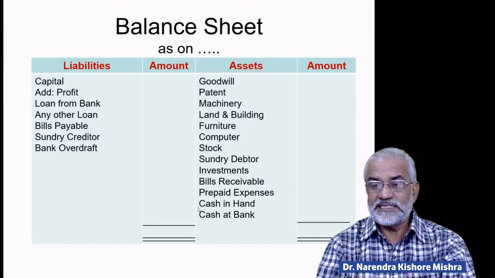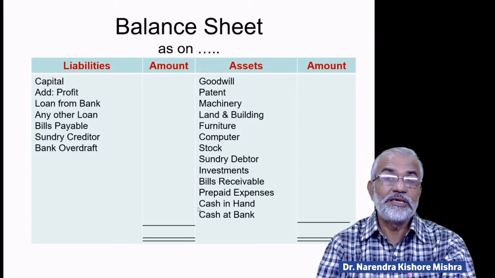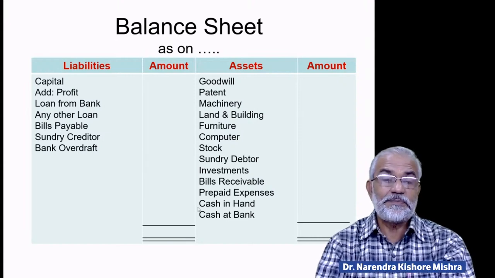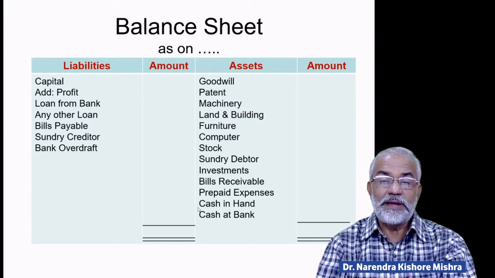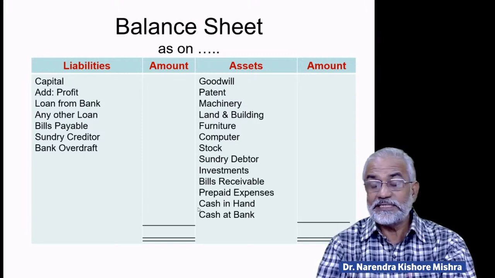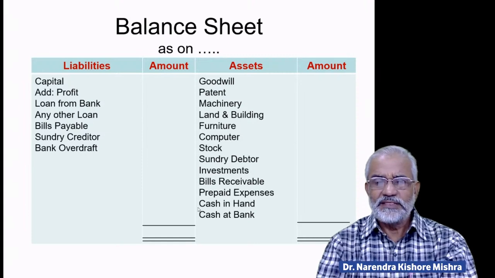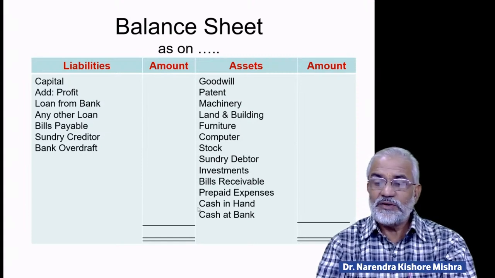Then prepaid expenses. Prepaid expenses satisfy the third condition of becoming a current asset. Prepaid expense means the expenses paid in advance. That means expenses paid which have not become due.